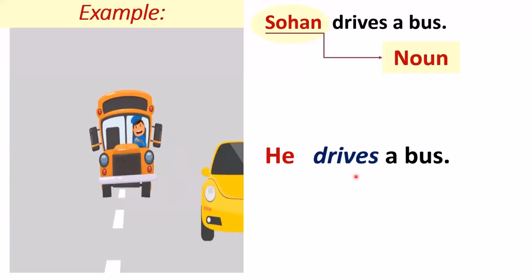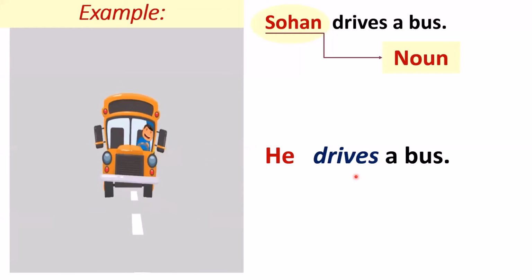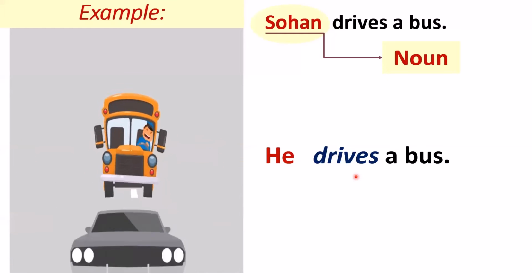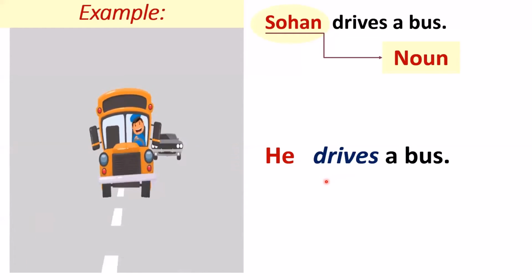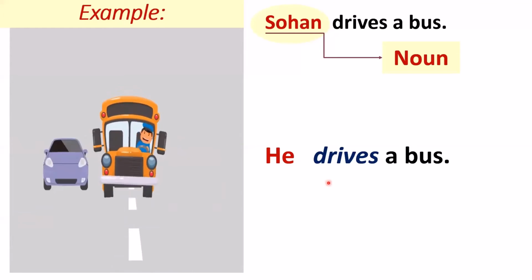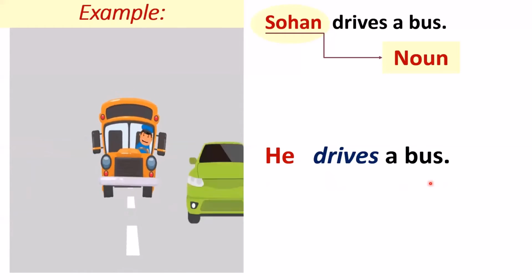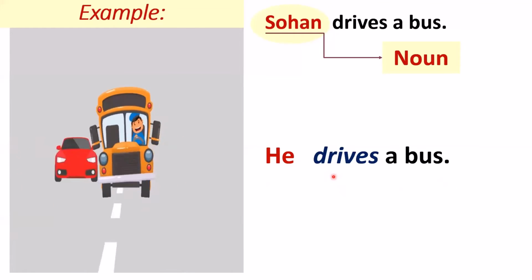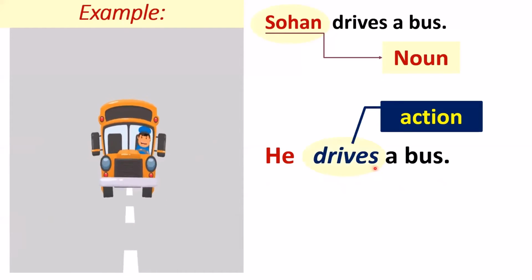Now children, in this sentence, to identify the subject pronoun, you have to first identify the action, the work done. Identify what work has been done in this sentence, children. Here the action word is drives.